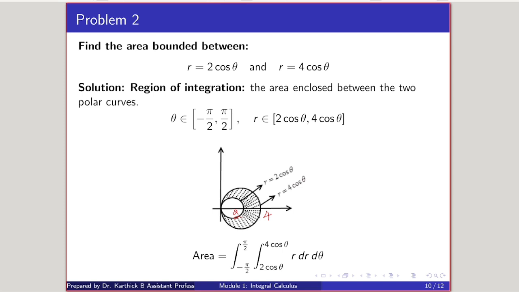And also if you choose theta equal to 0, you will get r equal to 2, and theta equal to pi by 2, you will get r equal to 0. If theta equal to pi, then you will get r equal to minus 2. So here it is 2, you are getting 0, and minus 2 is not possible because the graph lies only on the first quadrant, so it is not possible.